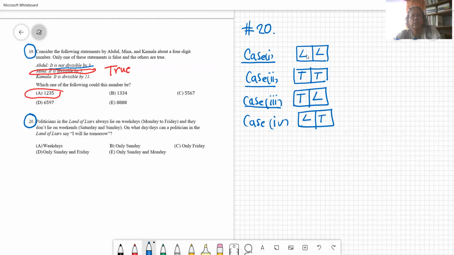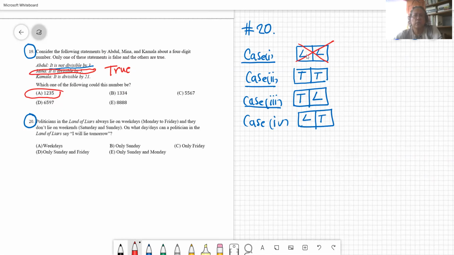For it to be a lie, the following day he has to tell the truth, but he can't do that because the following day also he has to lie. So this is not possible.